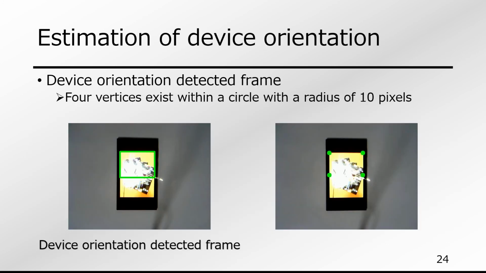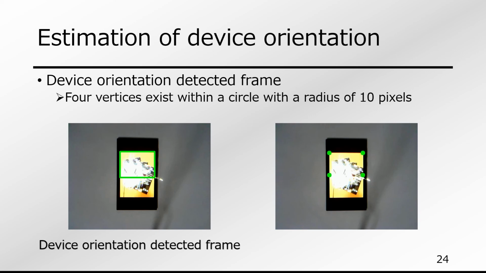The device orientation was estimated for the recorded video for device orientation estimation. We estimated the device orientation by estimating the portion at the top of each screen. This is an example of drawing the portion of the upper half of the estimated device screen, so the orientation of the device can be estimated.